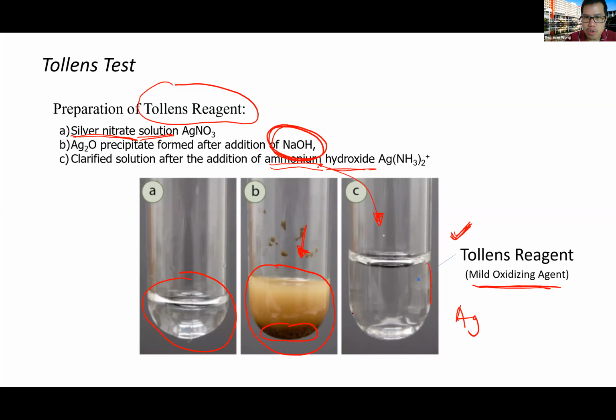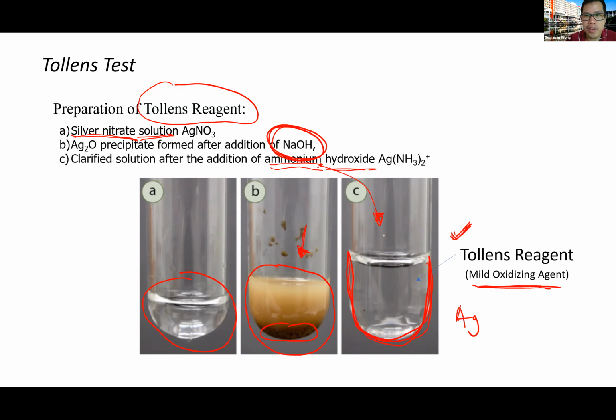If you did not perturb, meaning disturb the reaction, and the test tube is clean, you can form a very nice silver at the surface of the test tube.